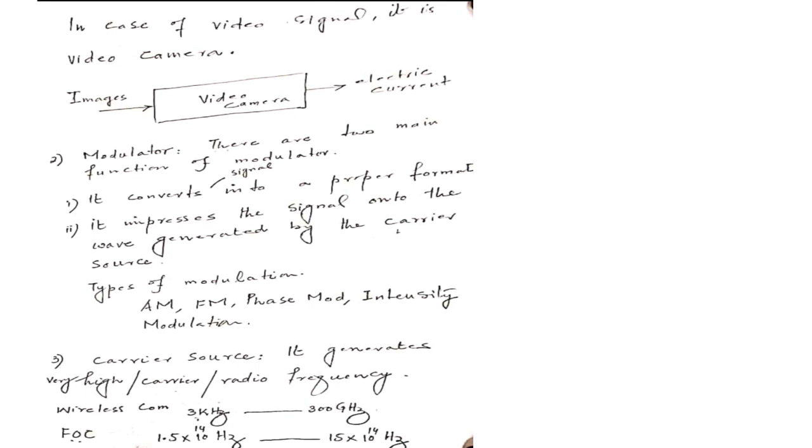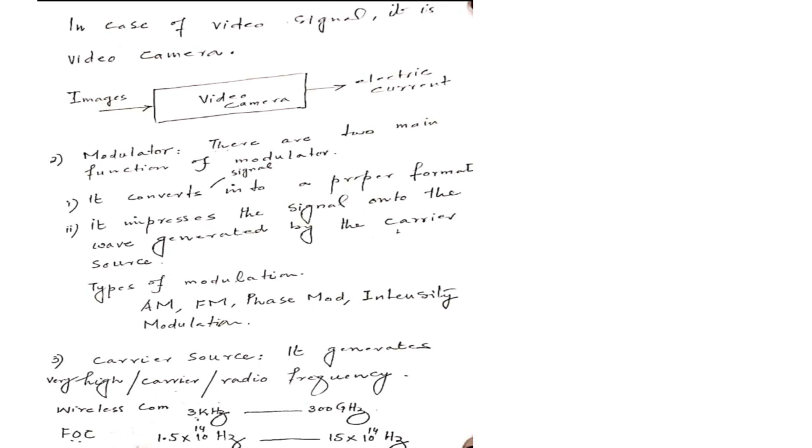And as we are discussing the course of fiber optic communication system, in fiber optic communication system we use intensity modulation. What is amplitude modulation? In amplitude modulation, the modulator changes the amplitude of the carrier in accordance with the variation in the modulating signal.